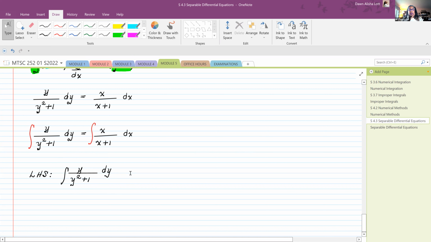You can't remember right now? Okay, so let me help you. Do you see a function where I could make a u substitution and its derivative, or some form of the derivative, is nearby? So I want to do a u substitution for this.